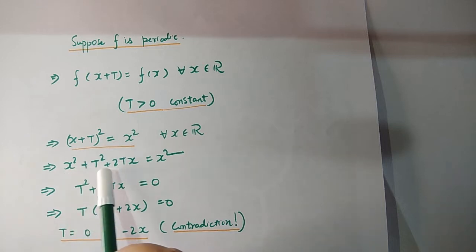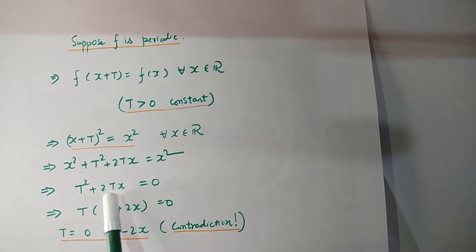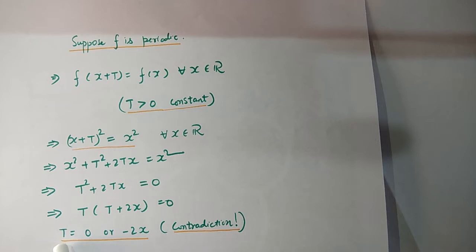x square plus t square plus 2tx equal to x square, which means t square plus 2tx is equal to 0. If you take t common, you get t into t plus 2x equal to 0, which can only be satisfied if either t is equal to 0 or t is equal to minus 2x.